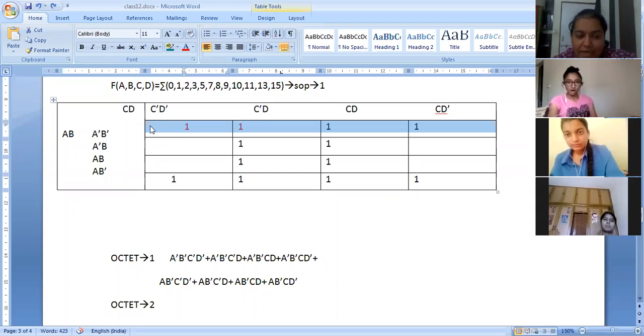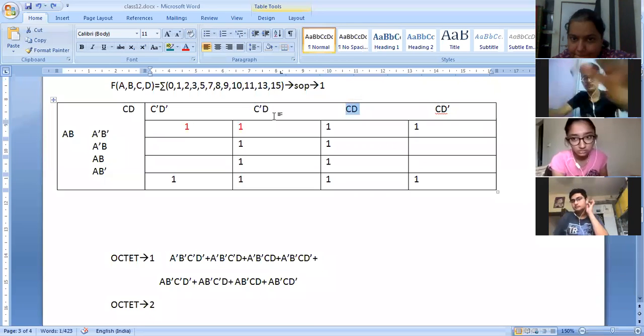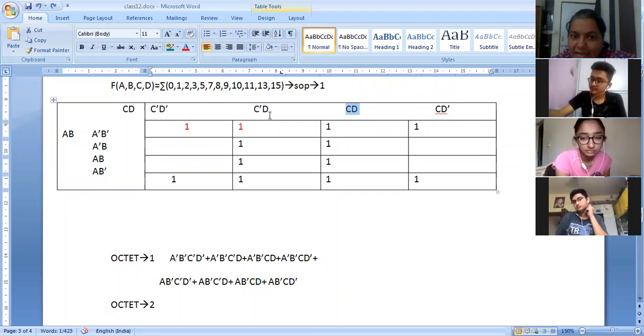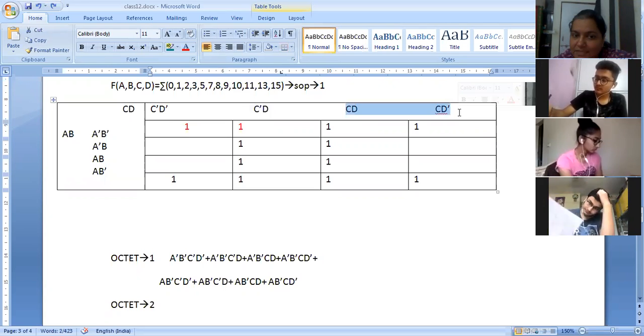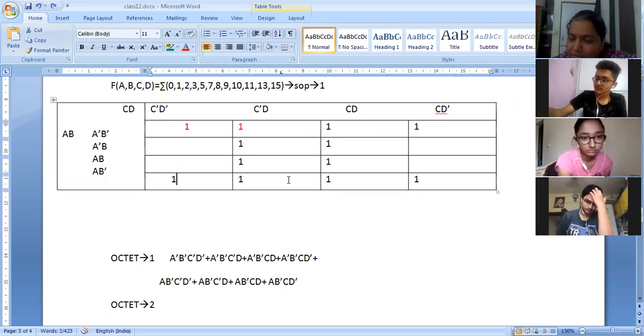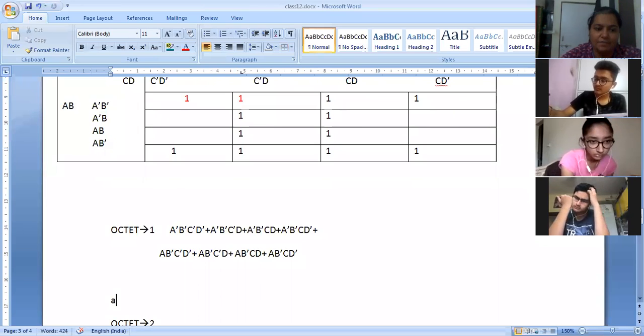This one and this one will nullify each other. CD and C bar D bar, C bar D and CD bar will nullify each other. So this whole thing is nullified. Like that, here also it will nullify each other. So what is remaining? Don't worry, it will take time to understand. I'll explain again.